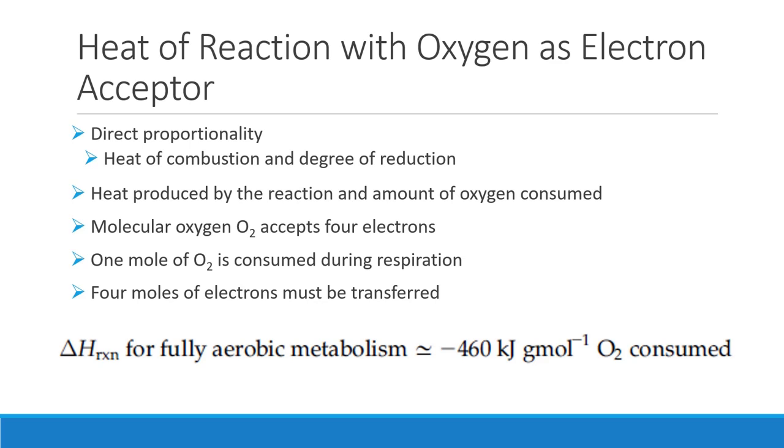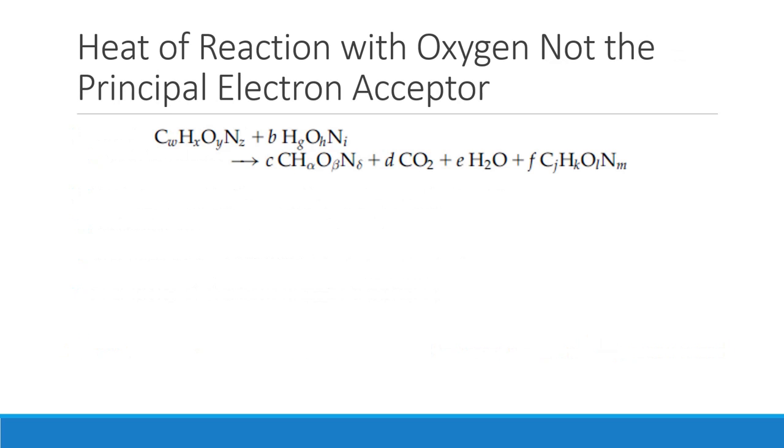If a fermentation uses electron acceptors other than oxygen, a simple relationship of aerobic cultures for determination of heat of reaction cannot be applied. Heat of combustion must be used to estimate the heat of reaction for anaerobic conversions.